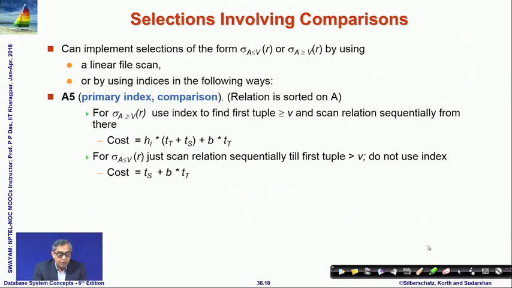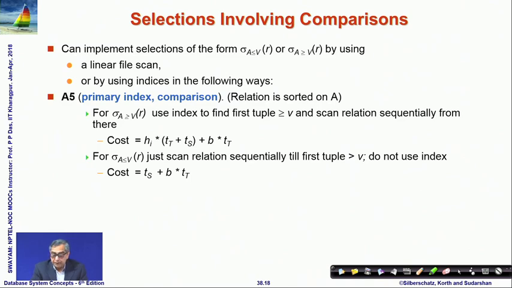So, if we have a primary index and we are using a comparison, then we need to find the first tuple which matches the condition, that is A is greater than or equal to V. And once we have found that in a primary index, the following ones will all be ordered in that manner, so I can scan sequentially from there and get them.